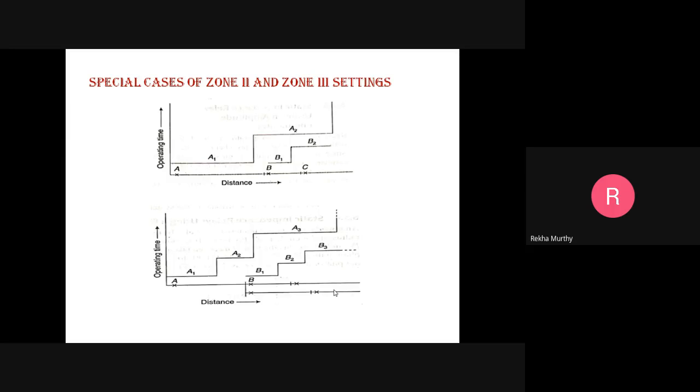It should be set to reach beyond the end of the longest adjoining line section under the conditions of maximum underreach, which is going to arise mainly due to the arcs, intermediate current sources, and the errors in the CT, PT, and measuring units.